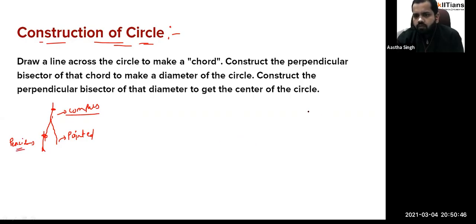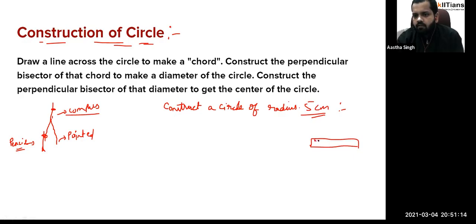So suppose you have to construct a circle. Question is: construct a circle of radius 5 centimeter. Okay. Just with the help of your ruler or scale, this is how your scale looks like, right?